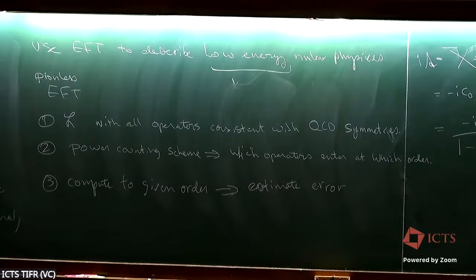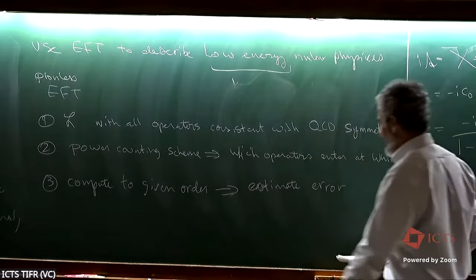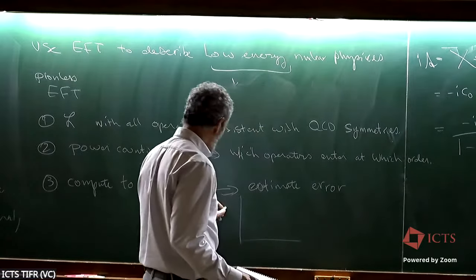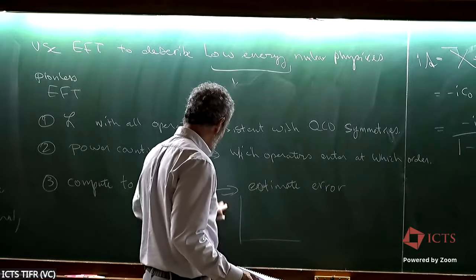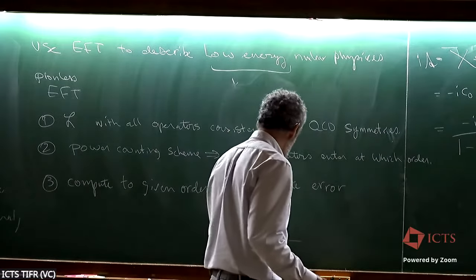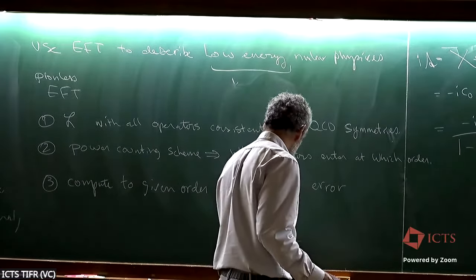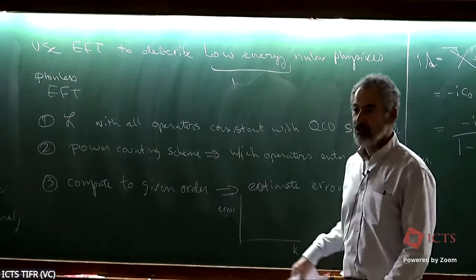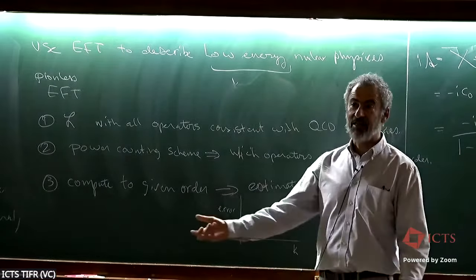Well, what you can do is you can plot on a log-log plot your error versus your momentum. So if you do a lowest order calculation, you know what the physical data is for something, and you know what the lowest order prediction is.